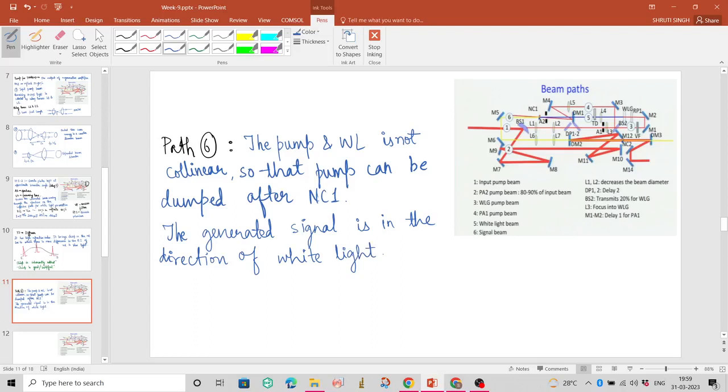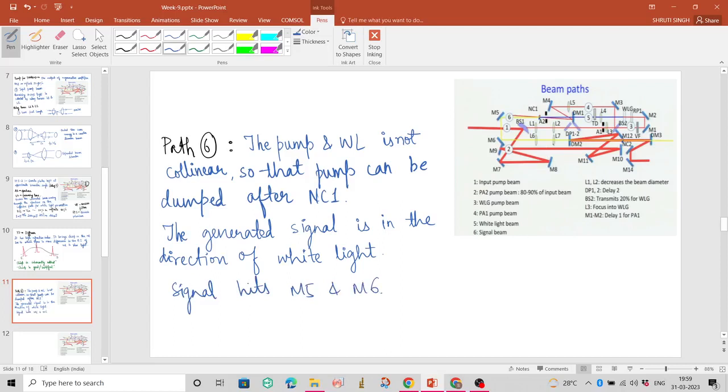The generated signal, which is shown in the yellow color here, is in the direction of the white light. The next thing is this signal hits the mirrors M5 and M6 here.